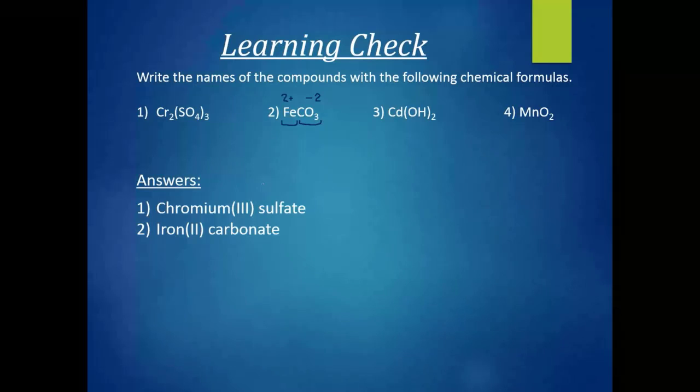I know there are exceptions to that, but they're not exceptions that you're going to really deal with. An ionic compound, if you have more than 2 elements, that means you have a polyatomic ion. So for example, I see the Cd(OH)2, I know that's a polyatomic ion. I see iron, carbon, and oxygen, FeCO3, I know I have a polyatomic ion. Anytime there's more than 2 elements, it's a polyatomic ion.